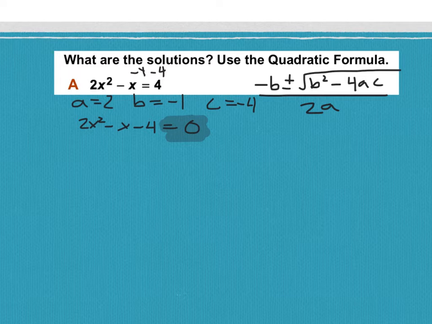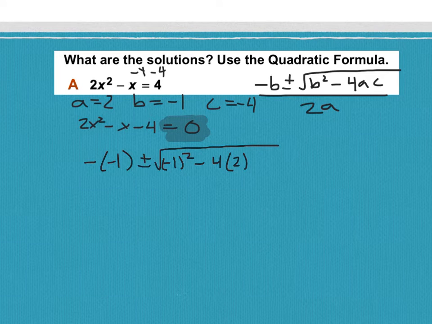So what's our formula going to look like once we plug in our numbers? Negative 1 plus or minus the square root of 1 squared minus 4 times 2 times negative 4.